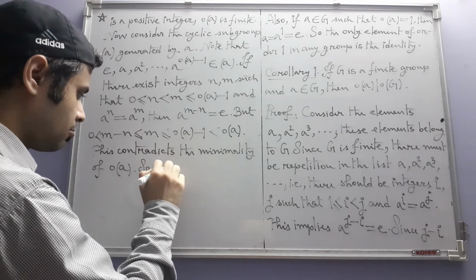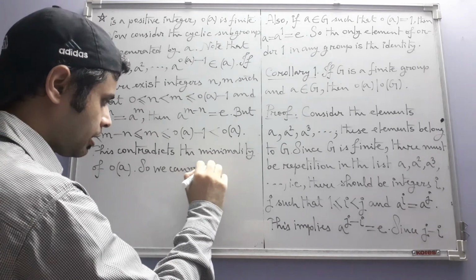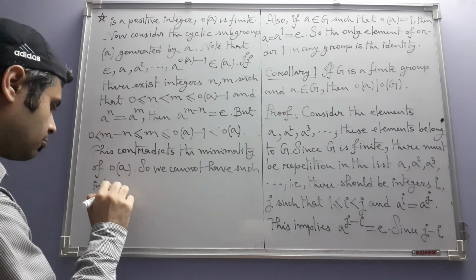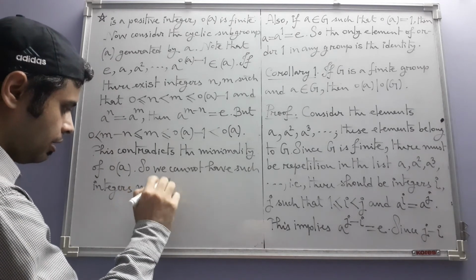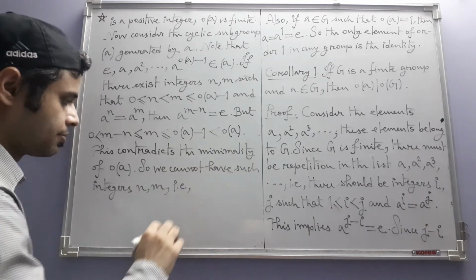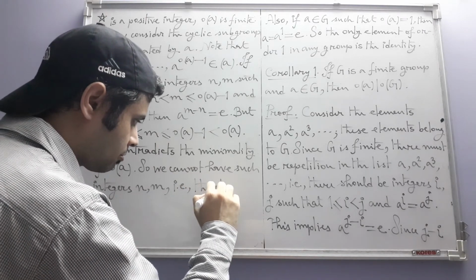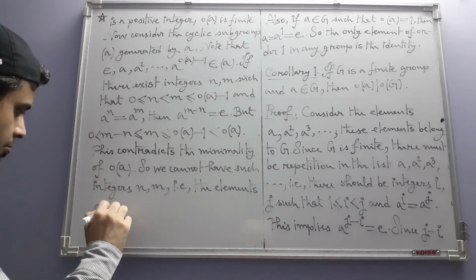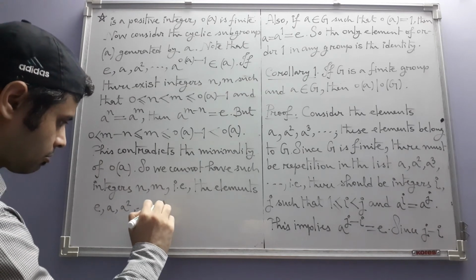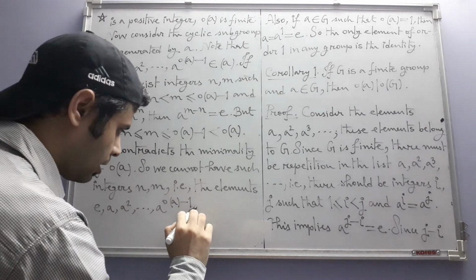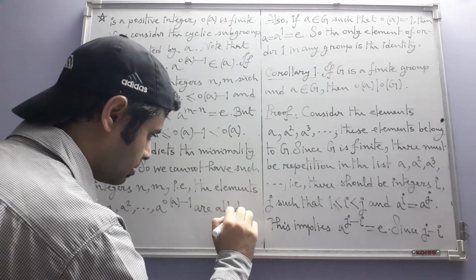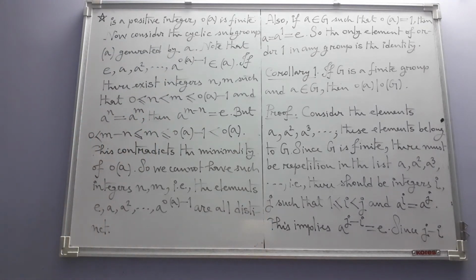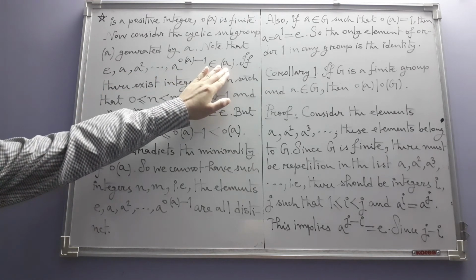So we cannot have such integers n and m, that is, these elements are all distinct, and these are distinct elements in the cyclic subgroup generated by A.